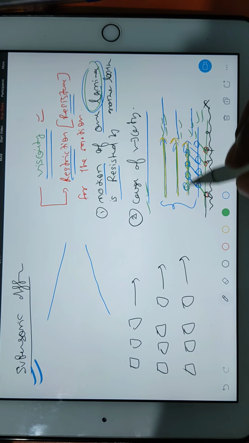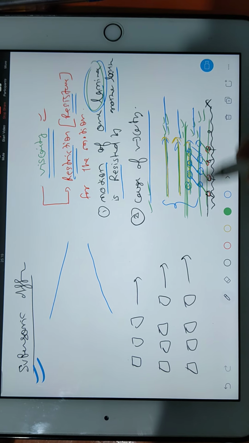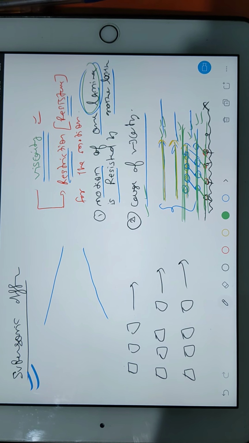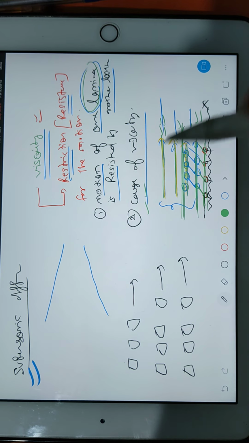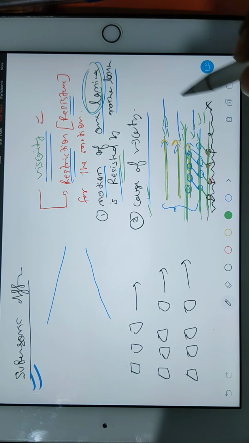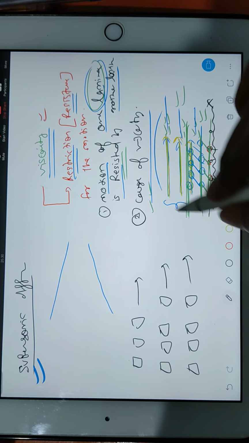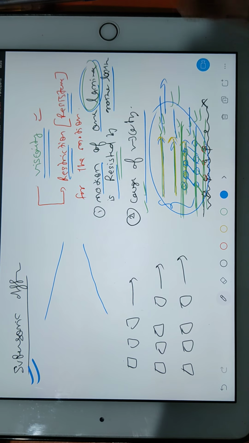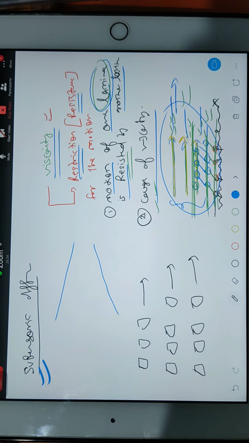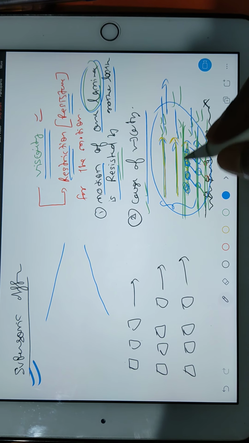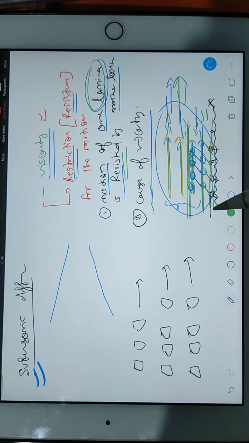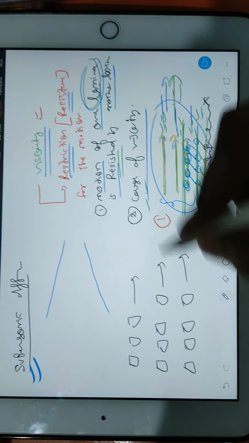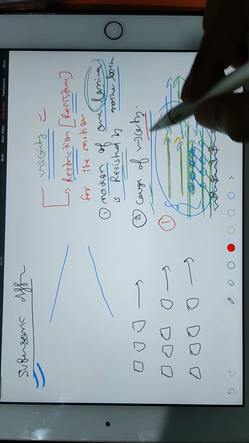It means these molecules are offering resistance to each other, which is responsible for resistance in the motion. This is how the liquid finds it difficult to flow. If these molecules were not attracting each other, it would flow easily. But because they attract each other, they are not flowing easily. So this is one reason which generates viscosity in any liquid.